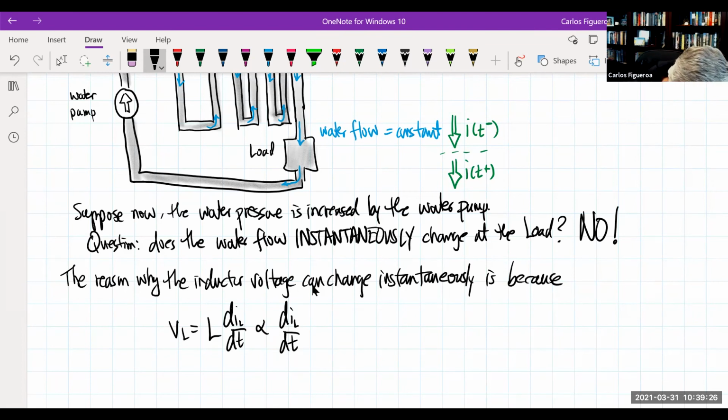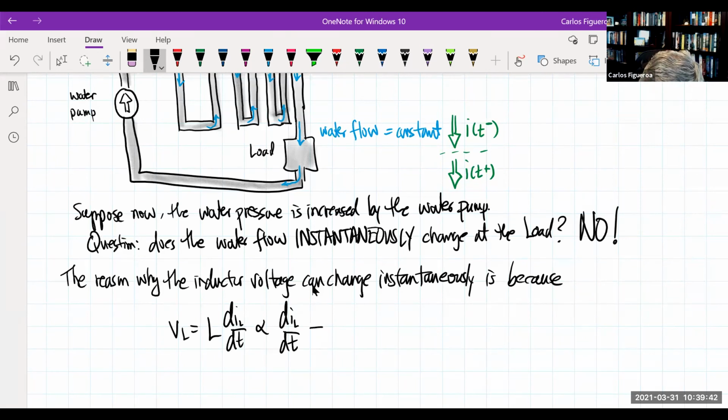So if I have a microscopic flow of current from 0 to a non-zero value, you can change that instantly.